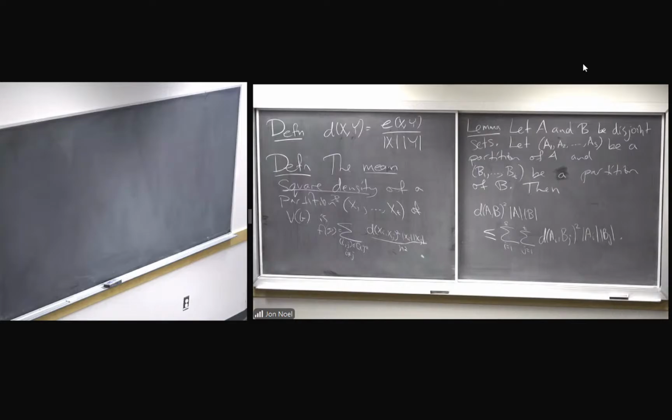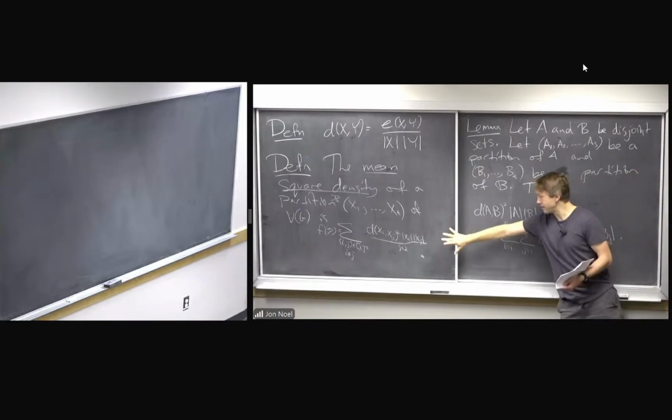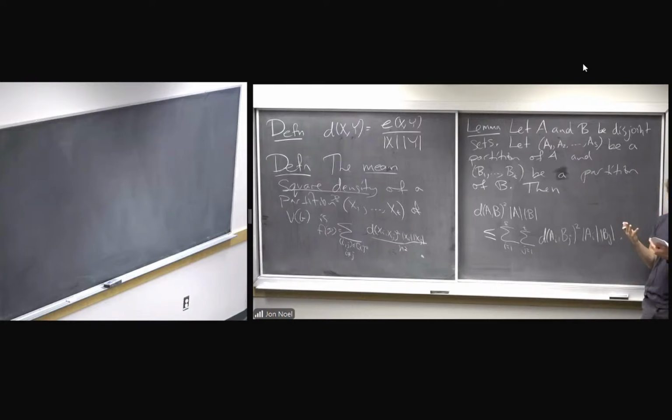Essentially, if I took A and B and replaced them with A1 up to AS and B1 up to BT, the contribution to this sum, this mean square density, could only go up. It could not go down. That's basically what this is saying. Okay, so let's prove this.